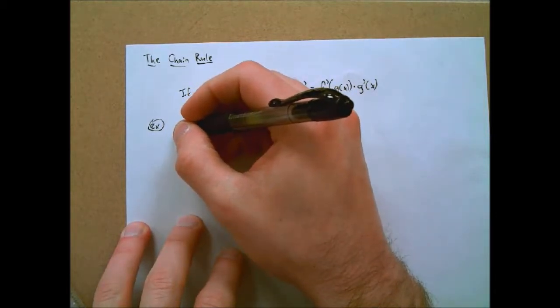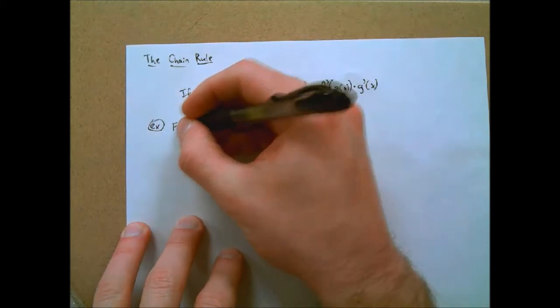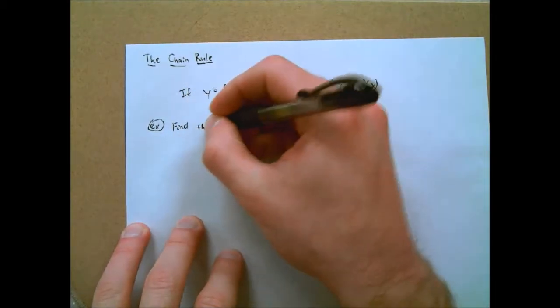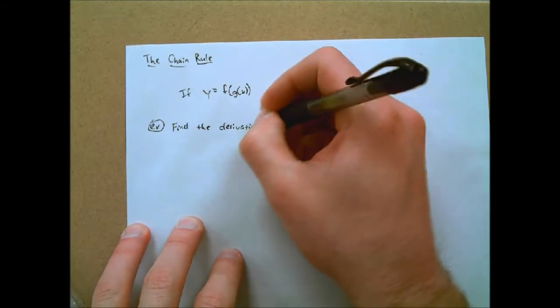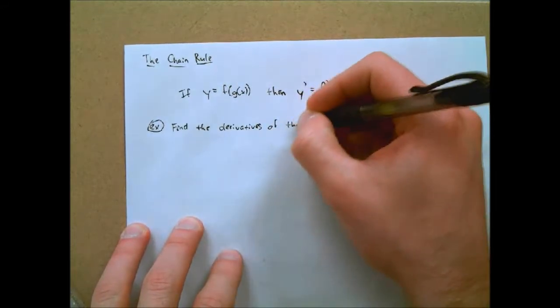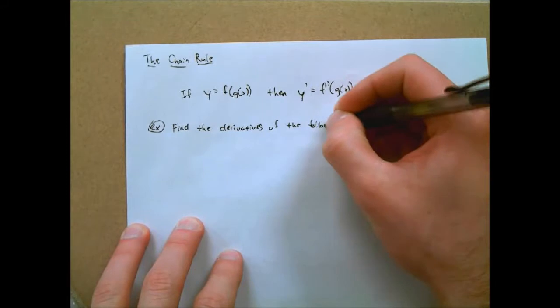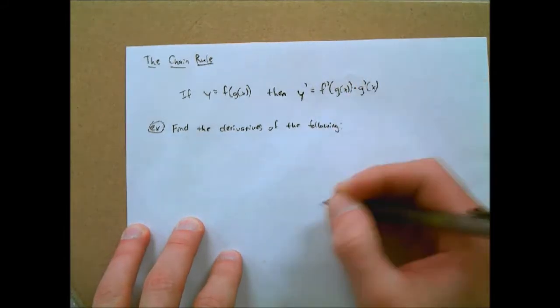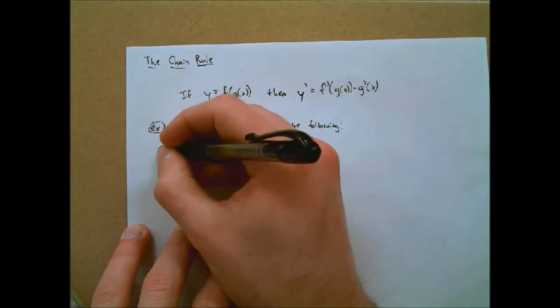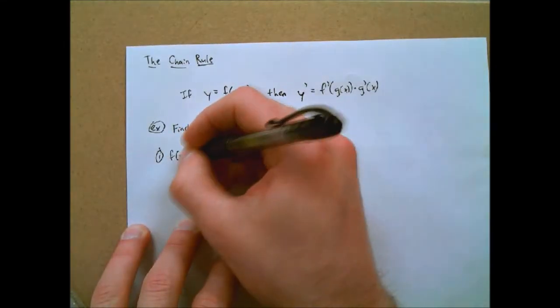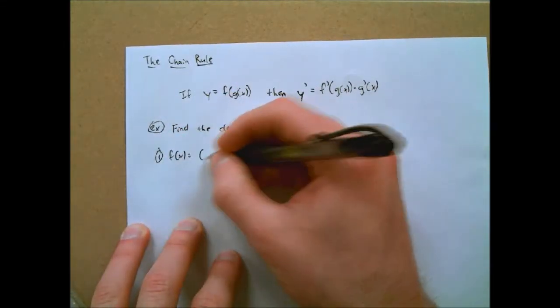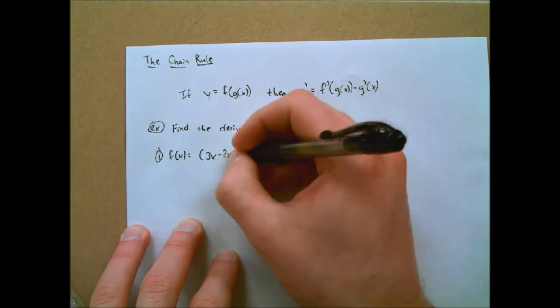Again, we're just going to find the derivatives of the following, and we'll get some practice in here. Number one: f of x equals 3x minus 2x squared, to the third.